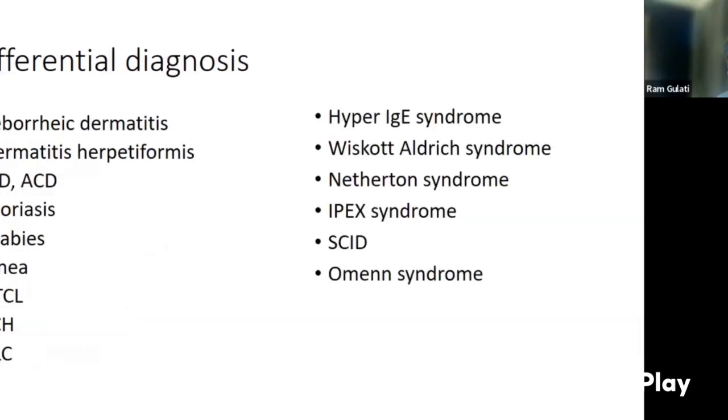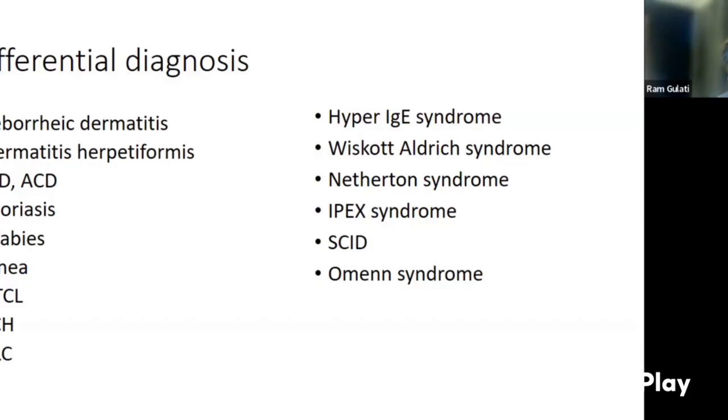Differential diagnosis, it is a must to include this one slide, because when you're dealing with atopic dermatitis, even though it looks like very straightforward eczema, if it is not settling down with the rationalized treatment, one has to think in terms of differential diagnosis and make sure that they're not dealing with other entities. For example, seborrheic dermatitis early on, dermatitis herpetiformis.